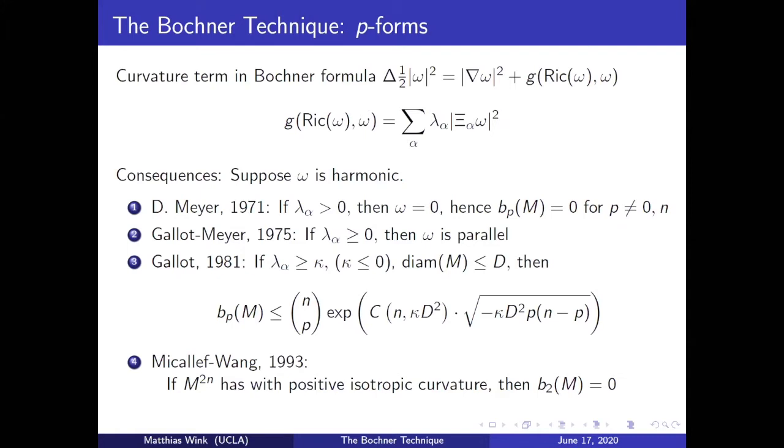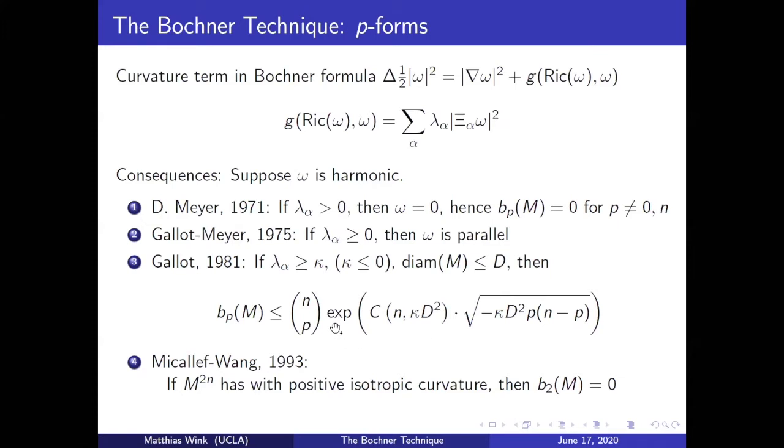And what is interesting to observe here, if we plug in kappa equal to 0, then this part here is 0. And one can also calculate the constant here explicitly in this case, and it does not blow up.